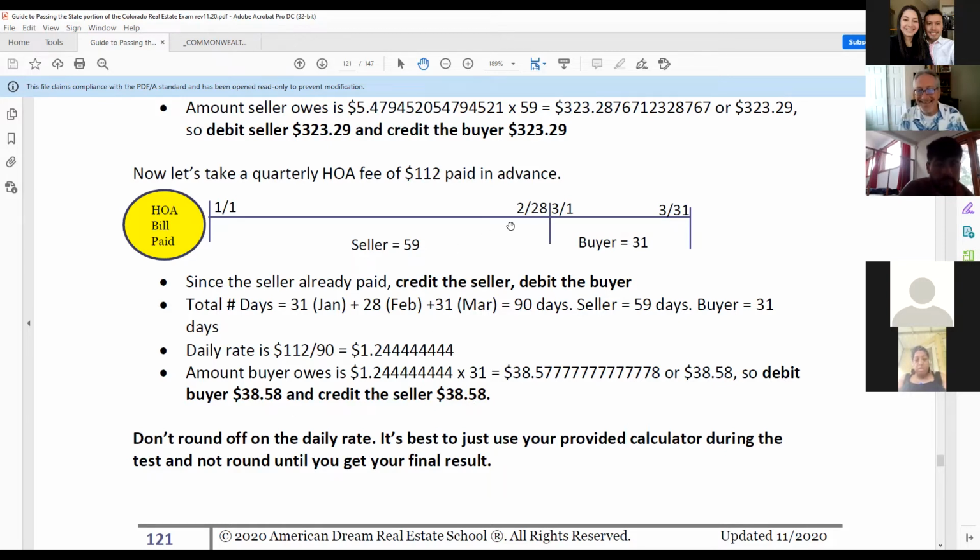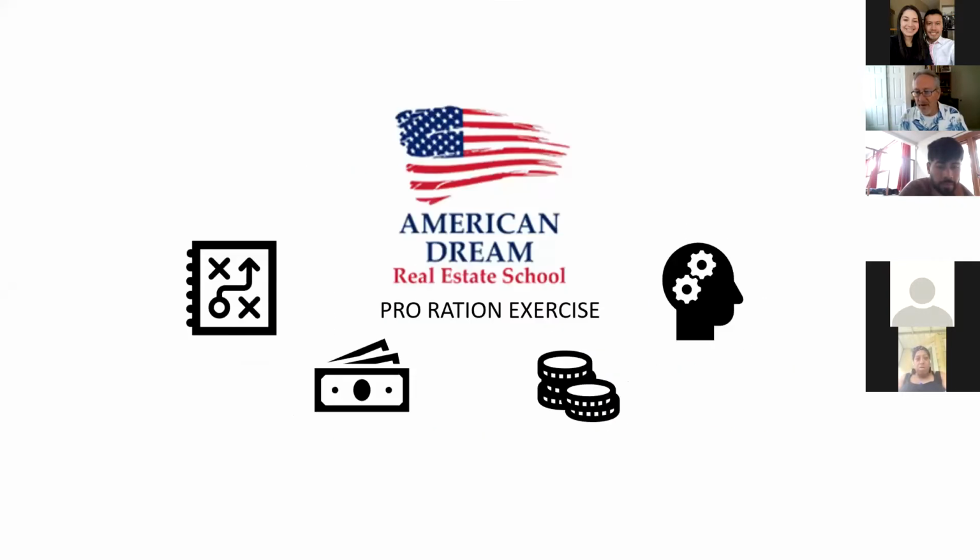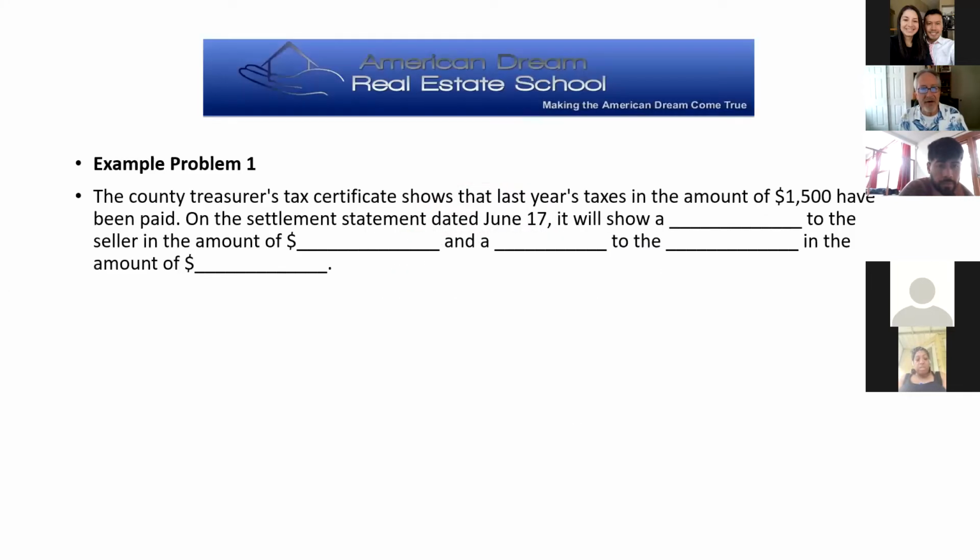Maybe? Okay. I'm going to take you now to my little PowerPoint here, where we're going to do some more problems like these, and we're going to do them together. Okay, get some paper out. Here we go.